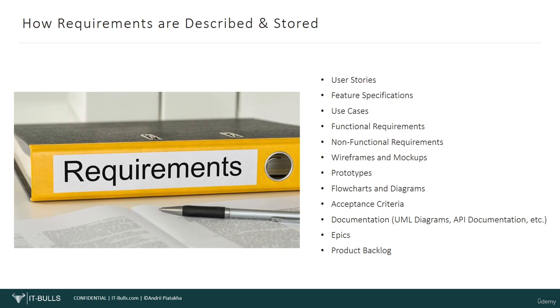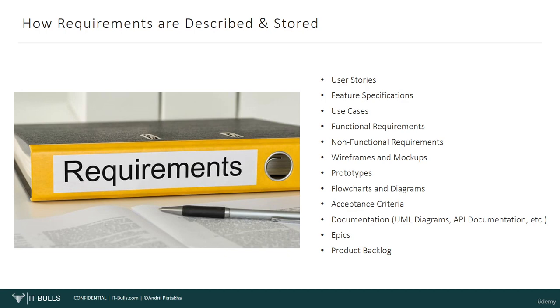Wireframes and mockups. Visual representations of the user interface, such as wireframes and mockups, can help us to illustrate the design and layout of the software. This can help us in clarification of design and usability requirements. Prototypes. In some cases, prototypes or proof of concept implementations might be used to demonstrate and validate requirements before full development begins.